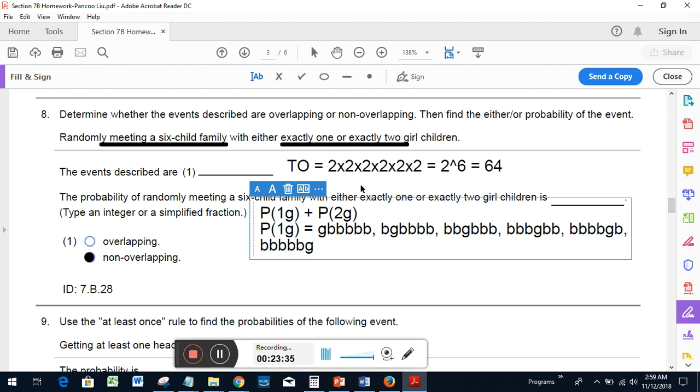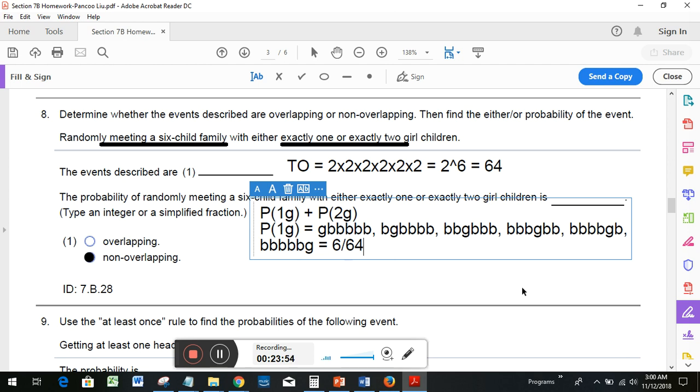Now, if you notice here, for the 1 girl, basically the girl just switches in order. So, first child, second child, third child, fourth child, fifth child, 6th child. So there's a total of 6 combinations out of 64 where there's 1 girl.